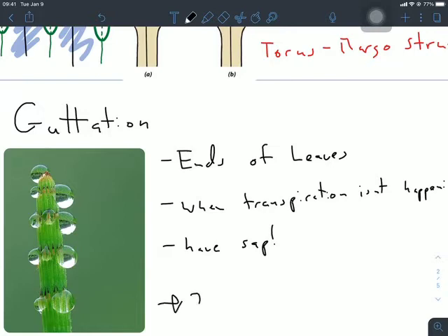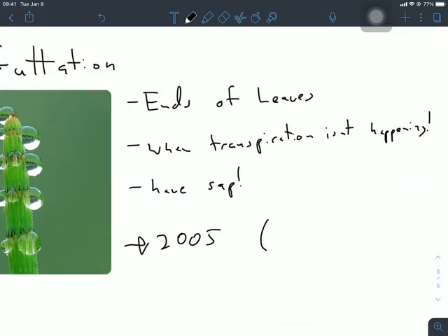In 2005, there was a study that linked ingestion of these guttation droplets and the pesticide called neonicotinoids, which happen to be put into the dirt to be absorbed by the roots of the plants, to be taken up through the xylem, and in their transport throughout the plant, wherever they end up, they kill pests.